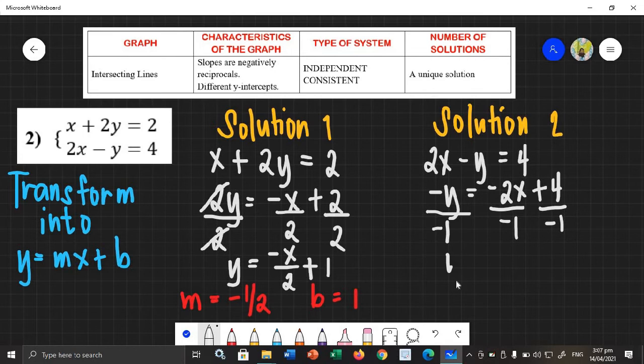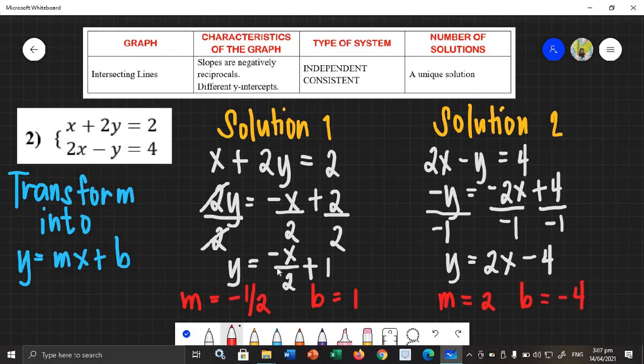Okay, so we now have y equals negative 2 over negative 1. So it will become positive 2x. Ito naman, positive 4 divided by negative 1, it will become negative 4. So we'll just write minus 4. The slope here is 2. The y-intercept is negative 4.